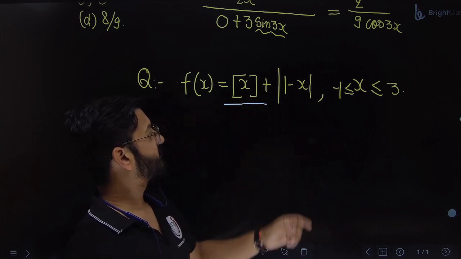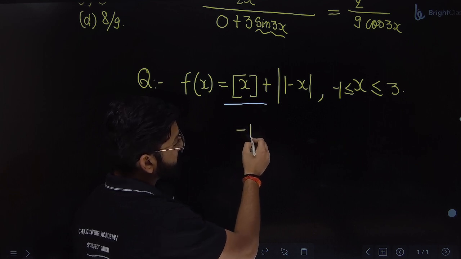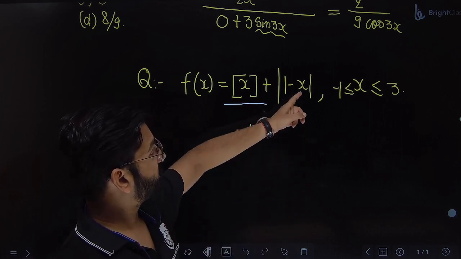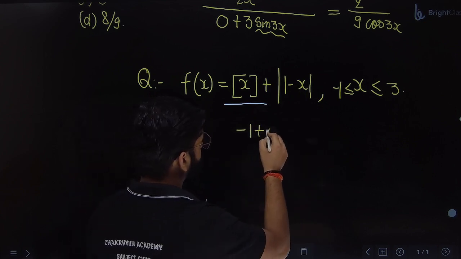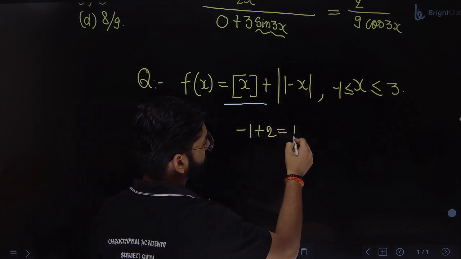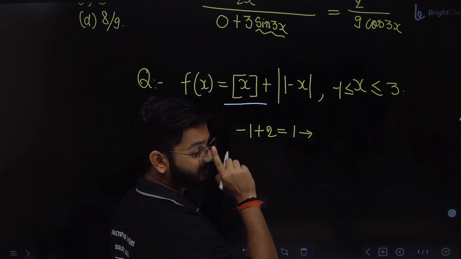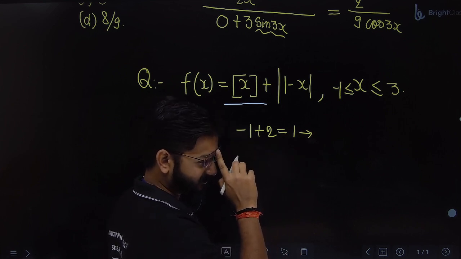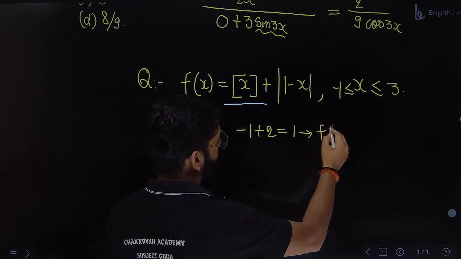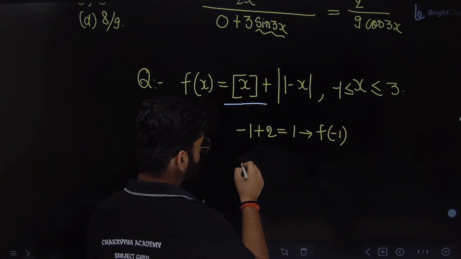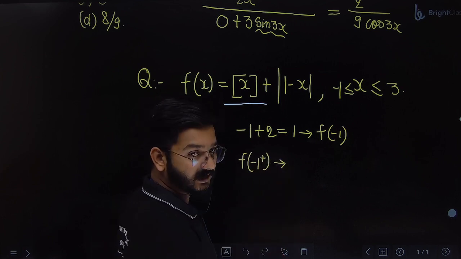Put -1 in this. So what is the greatest integer of -1? -1. If you put -1 here, 1 plus 1 will become 2. So what is the value? 1. Is this the limit or the value of the function? Value of the function. Then f of -1 plus is the right hand limit.